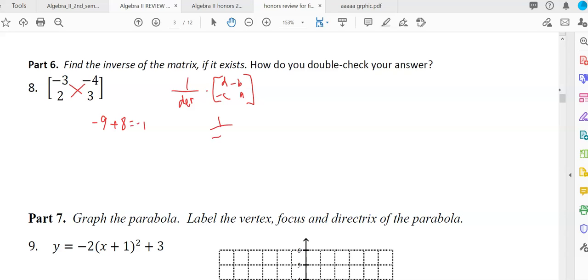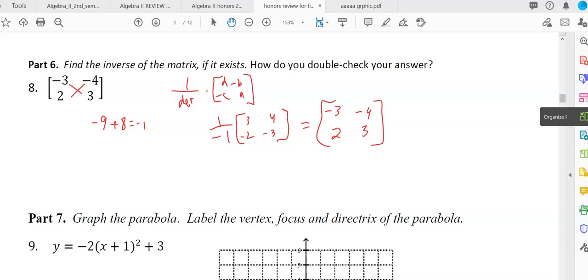Okay, so I have 1 over negative 1 times 3 and negative 3, 4 and negative 2. Everything's going to change sign. 3, negative 3, negative 4, 2, and 3. I think that's the inverse.